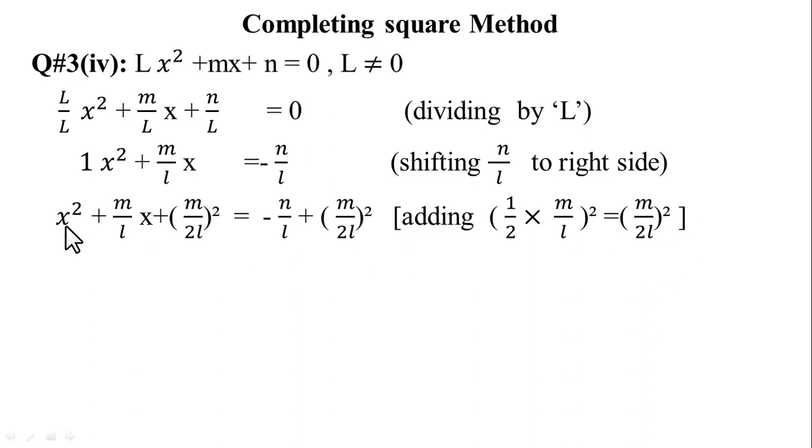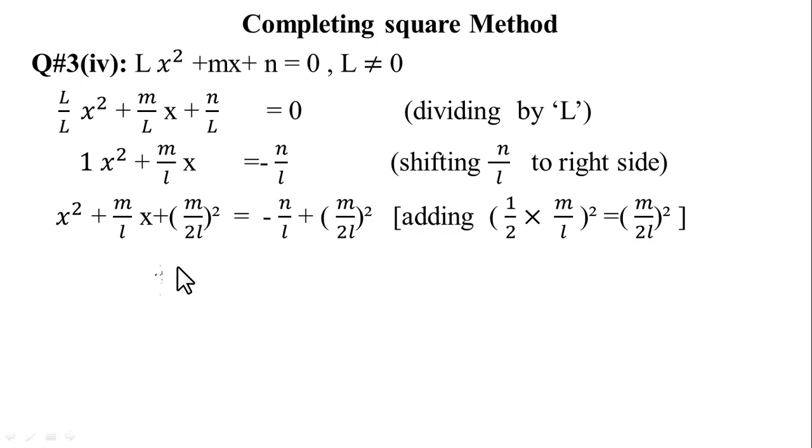Then the required equation is x square plus m over Lx plus m over 2L whole square is equal to minus n over L plus m over 2L whole square. Here a square plus 2ab plus b square changes into a complete square.